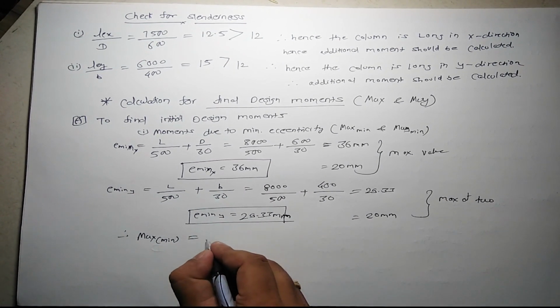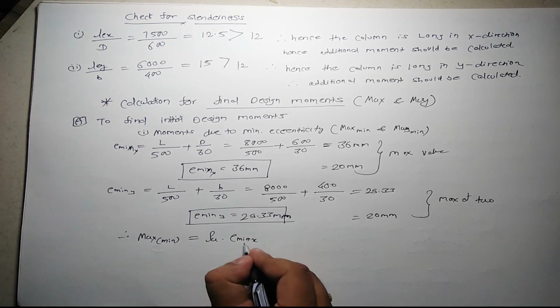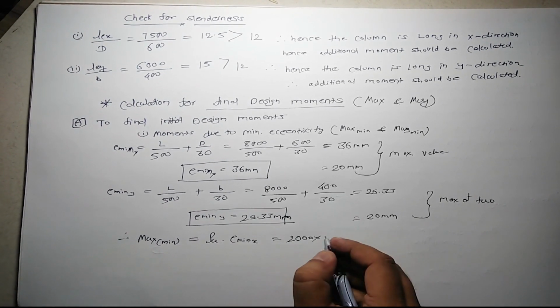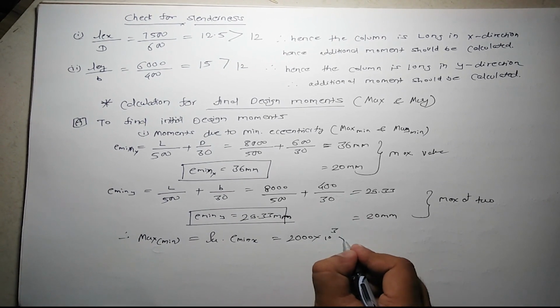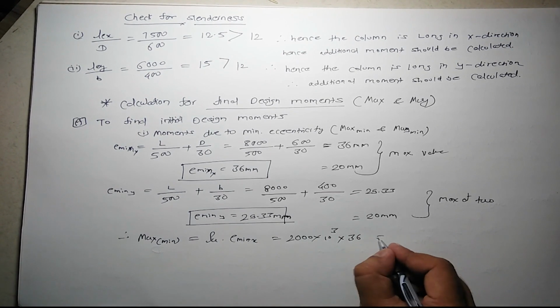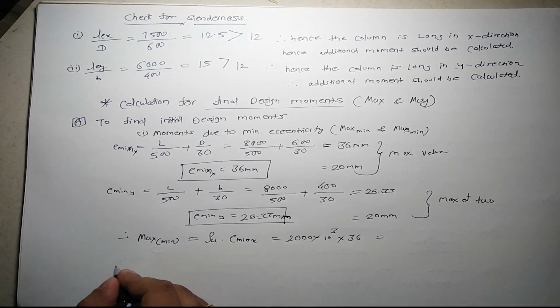So finally Mux minimum equals Pu into e minimum in the x direction, that equals 2000 into 10 to the power 3, I'm using newtons, into 36. In the meantime you should calculate this value on your calculator.